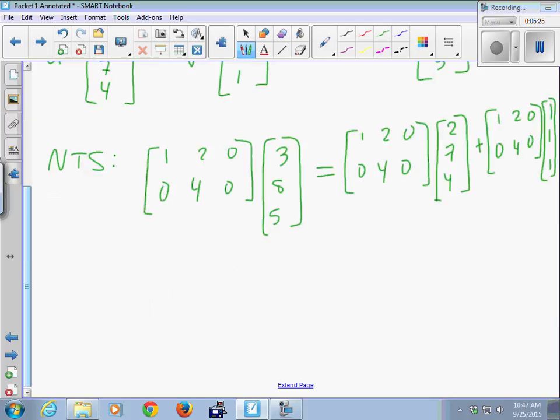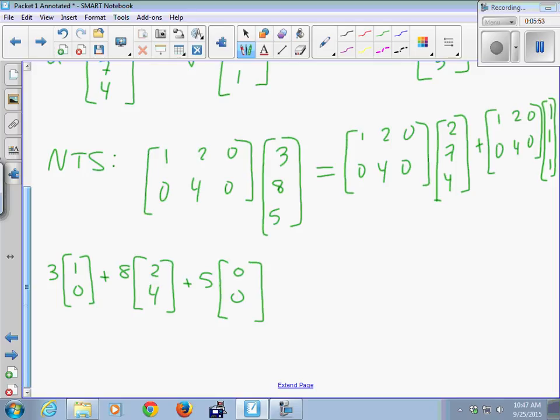So how do I multiply this matrix times this vector? Each of your 3 columns takes each of your 3 entries in the vector as a weight. I'm going to have 3 as my first weight times my first column, 8 as the next weight times the second column, and 5 as my third weight times the third column.